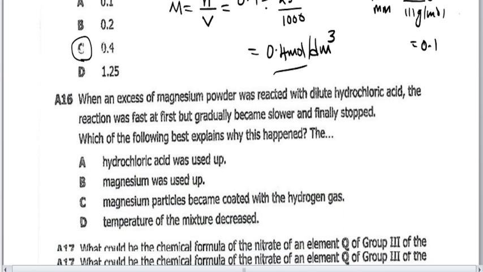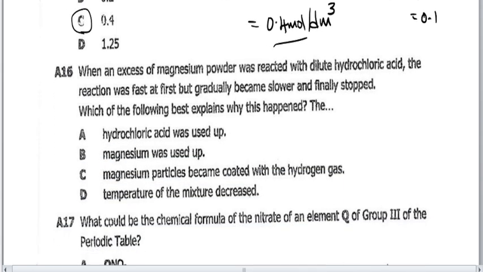Question 16. When an excess of magnesium powder was reacted with dilute hydrochloric acid, the reaction was fast at first but gradually became slower and finally stopped. Which of the following best explains why this happened?